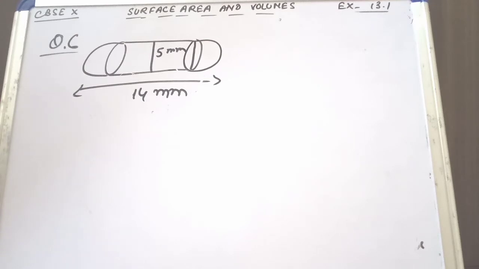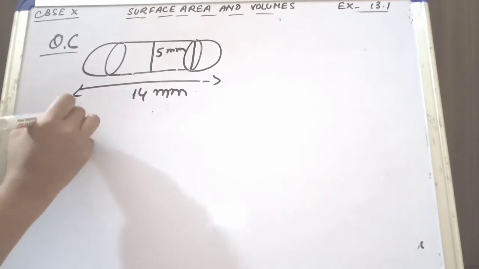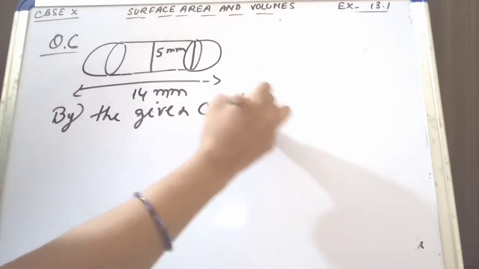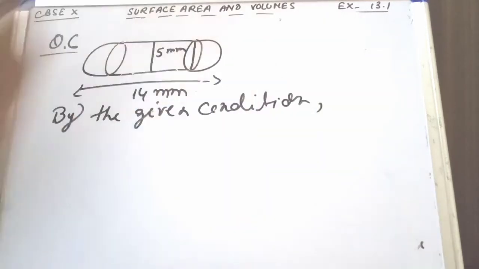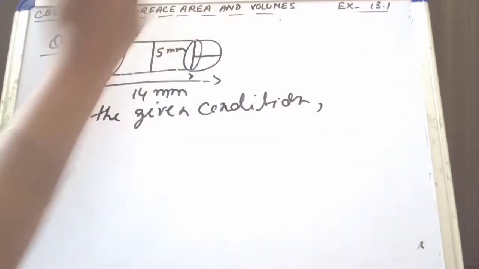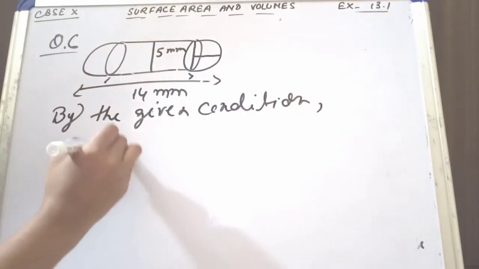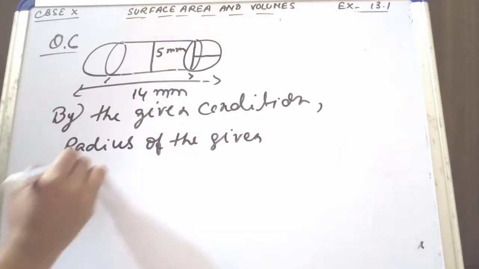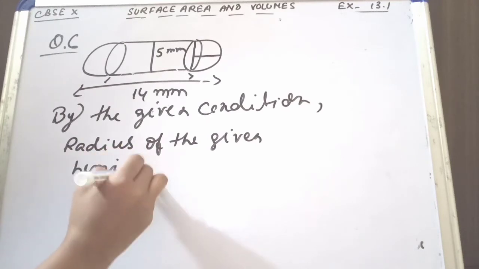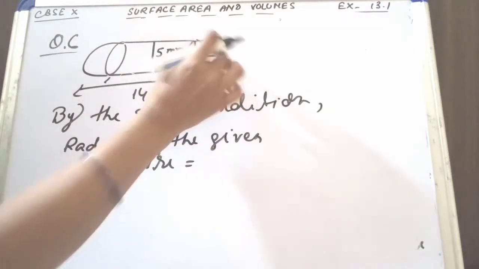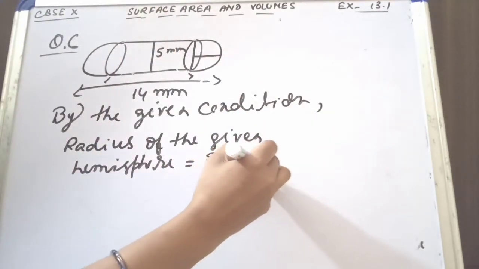So by the given condition, at first, the radius of the given hemisphere is equal to diameter 5 upon 2, so radius is 5 upon 2 millimeter.